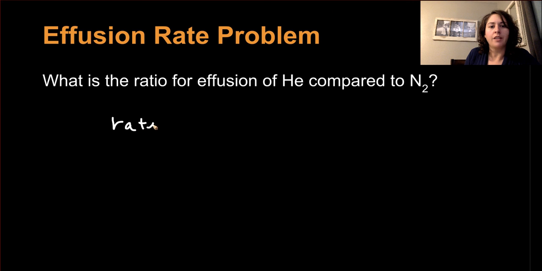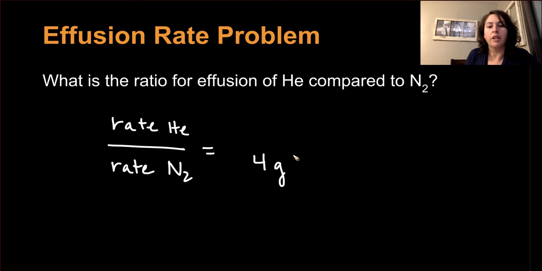The rate of helium has to go on the bottom, on the other side from the rate of nitrogen. So we put the 4 grams for helium here, and we put the 28 grams for nitrogen on the top. Remember, nitrogen's 14, but there are 2 of them, so it's 28 grams.